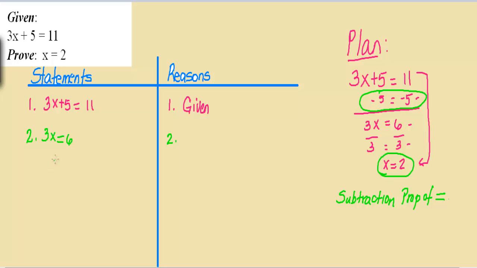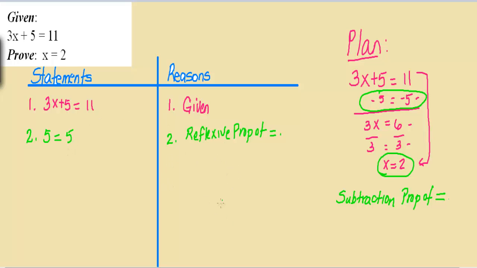And then you can provide proof. You can say, oh, I know 5 is equal to 5 because there's a property called the reflexive property of equality that says that any number is equal to itself. It's like looking in a mirror.